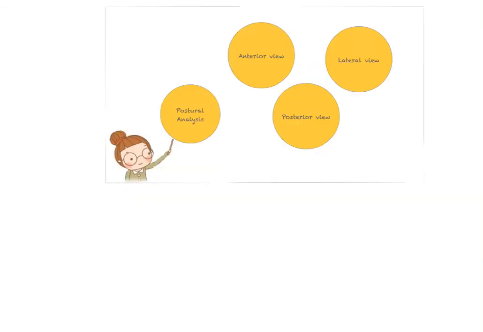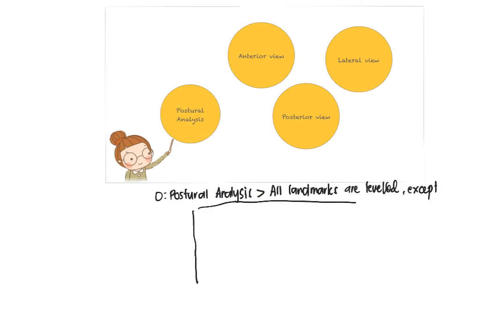Okay, for postural analysis, you have 3 views. So how are you going to document that? So that is again O, and then postural analysis. Okay, and then all landmarks are leveled except, and then you tabulate.